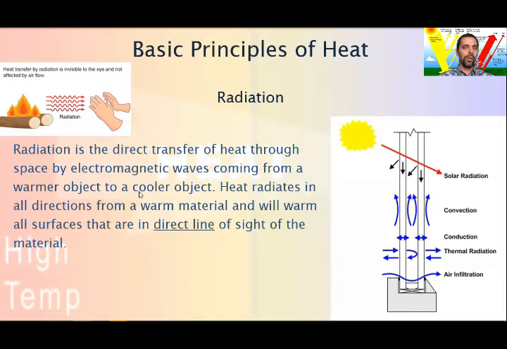You have experienced this when you move into the shade on a hot summer day to cool down. You are moving out of the direct line of sight of the sun's radiant energy, and as a result, you get cooler. In the first chapters, we were talking about it. Actually, this is the way how the solar energy reaches the Earth.